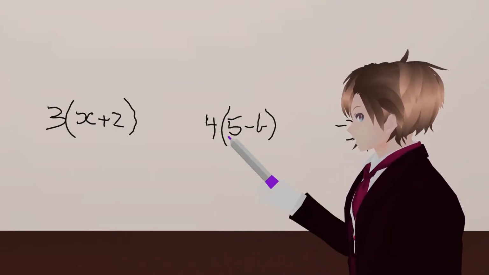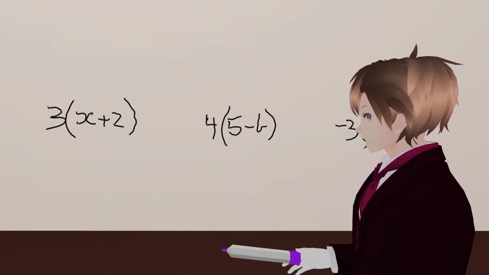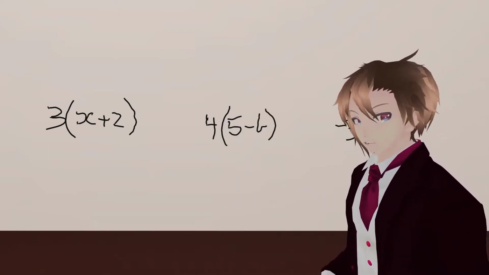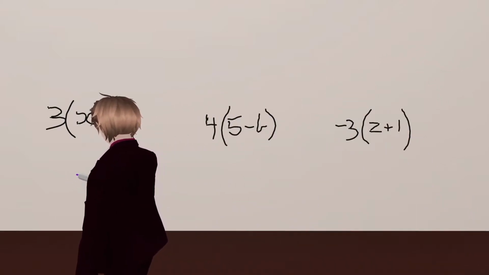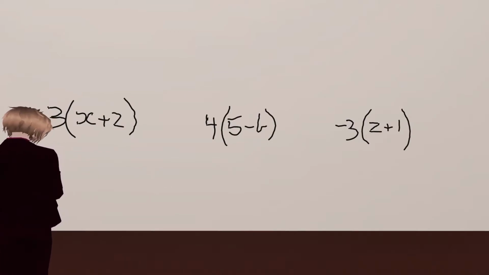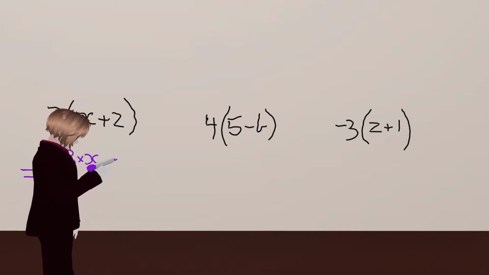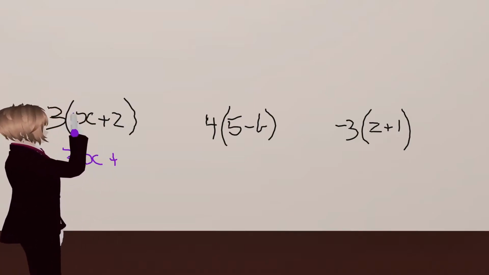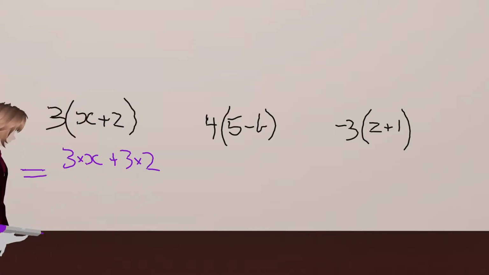So we're going to times 3 by x, and we're going to times 3 by positive 2. So let's fill this in. We have 3 times x plus 3 times 2.